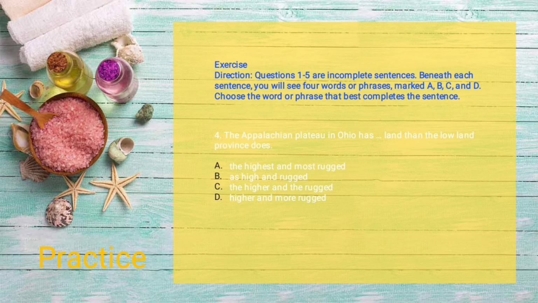D, higher and more rugged. Try to answer it. Time is up. The answer is D, because higher and more rugged explains the condition of the place and shows contrast and comparison.